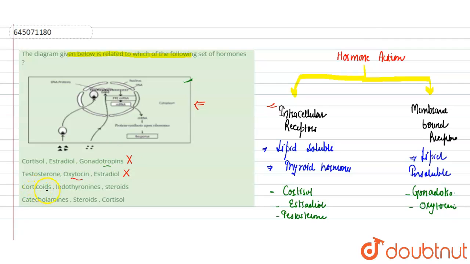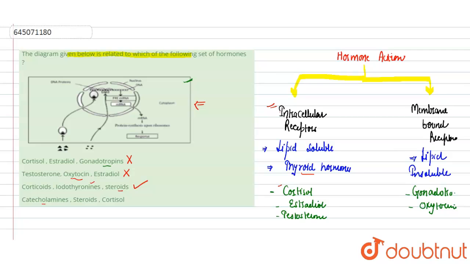Next is corticoid, or cortisol, which is intracellular. Iodothyronine, I have already told you, is the exception, that is the thyroid hormone. Thyroid hormone also acts via an intracellular receptor, so this is also correct. Steroids, all the steroidal hormones, act via an intracellular receptor. So in the complete set this is correct. Last is catecholamines.